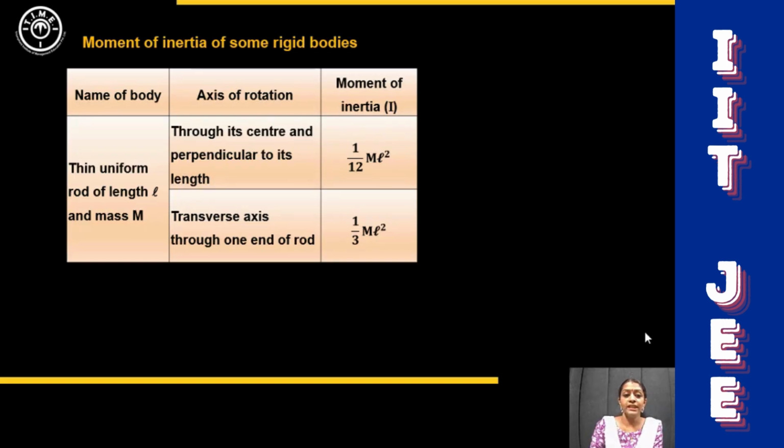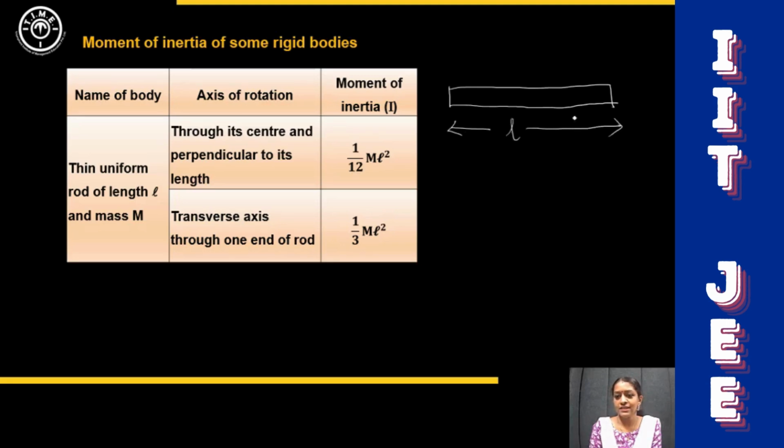First of all, we can consider a uniform rod. Let L be the length of that rod, and let us consider M as the mass of the rod. Alright, so here we have to learn two equations.